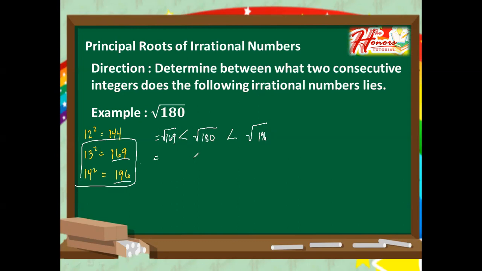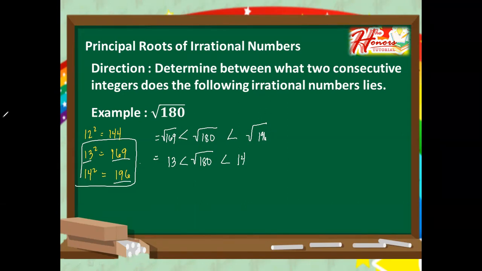And then let's get the square root of 169. But first, let's copy square root of 180 again. And then square root of 180 is greater than 13, but is less than the square root of 196, which is 14.